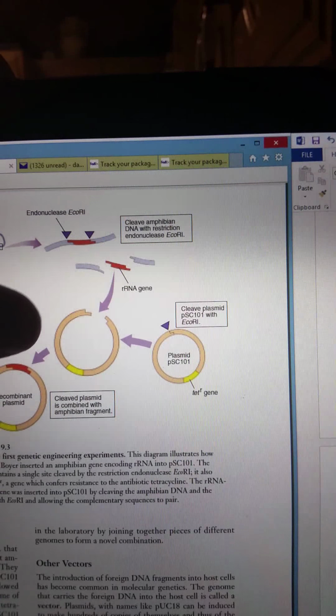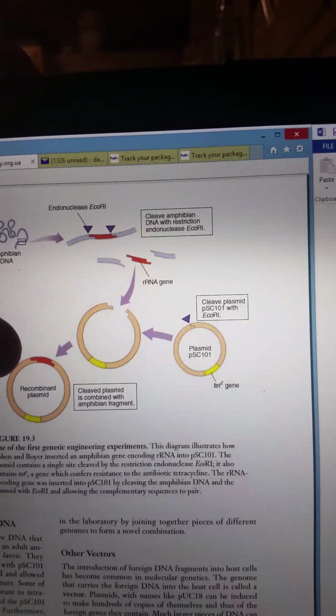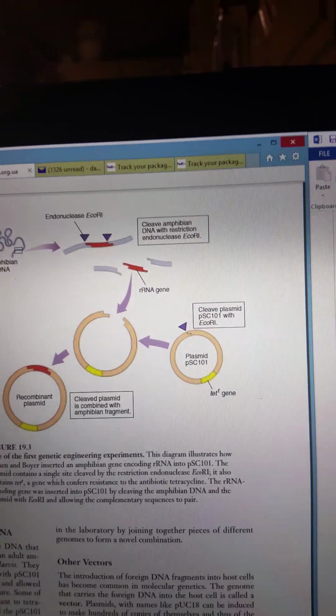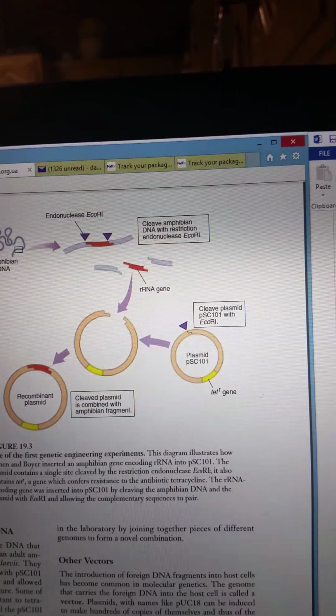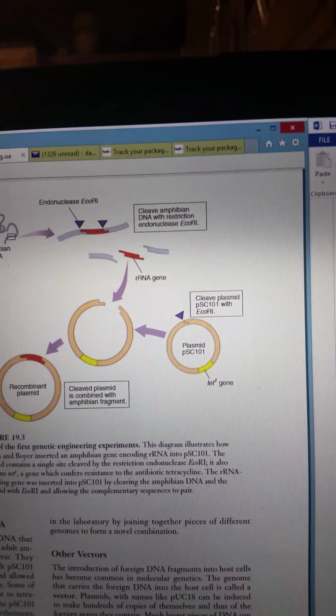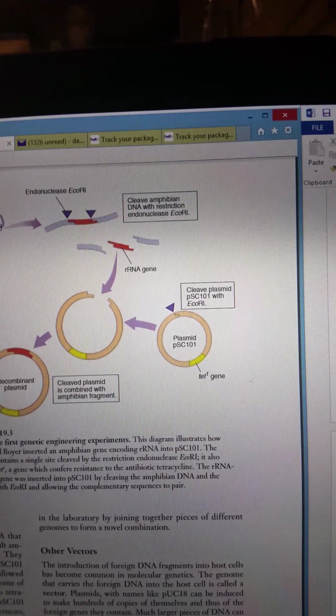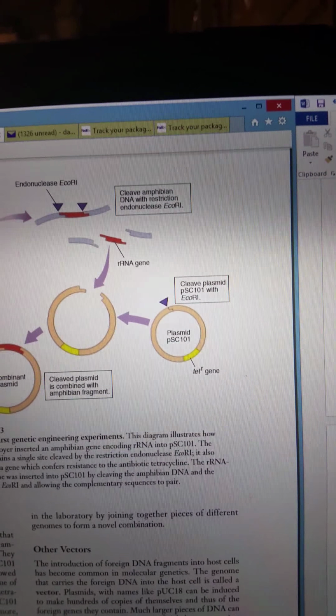Together they formed a recombinant plasmid, and from this they had bacterial cells which were immune to tetracycline, and they also began growing frog DNA, which is a recombinant DNA. This was surprising at the time because they discovered that they could create or manipulate genes in ways they never knew before.